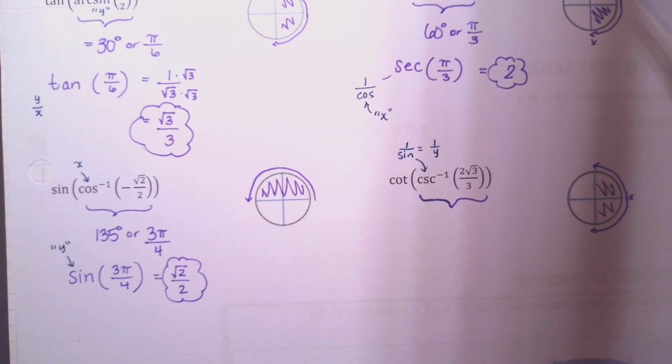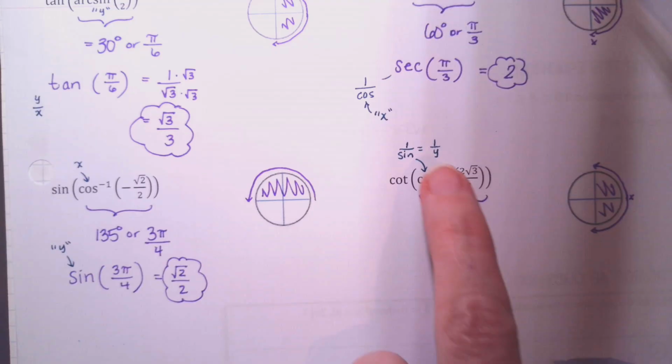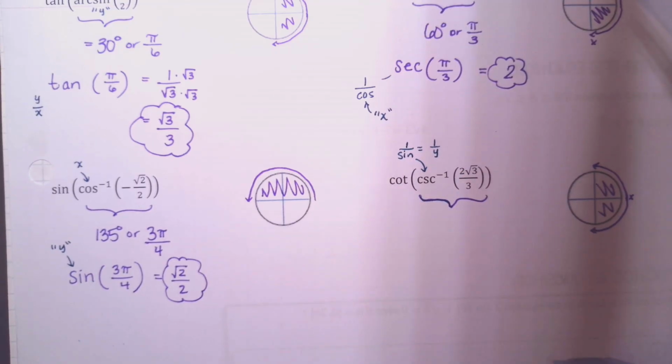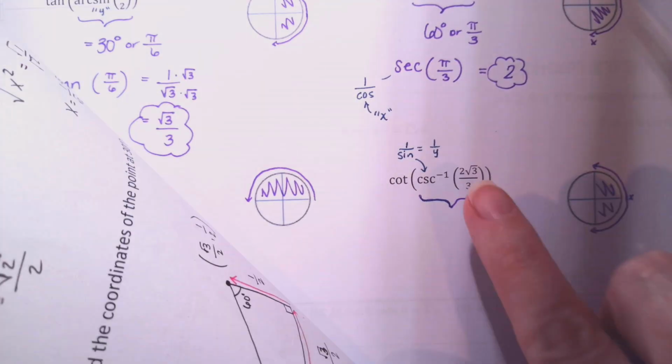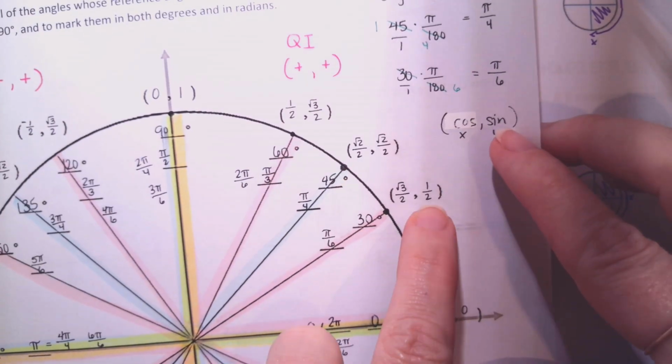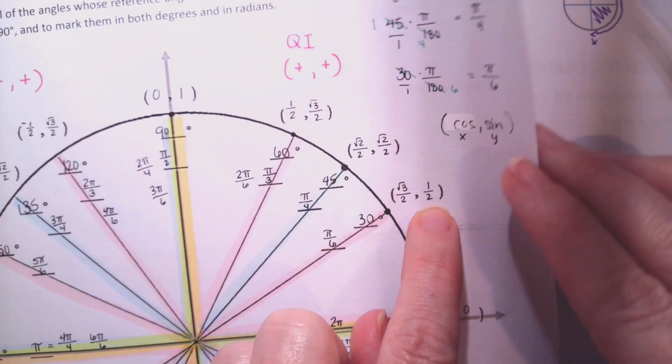So we're going to look on our unit circle, backwards 90 and forwards 90, for an angle that if we took the y value and flipped it over, we would get 2 root 3 over 3. And the fact that it's positive does tell me that I probably need to look in the first quadrant. Again, flipping over the y value. So if I flip over this y value, I'm not going to get 2 root 3 over 3.